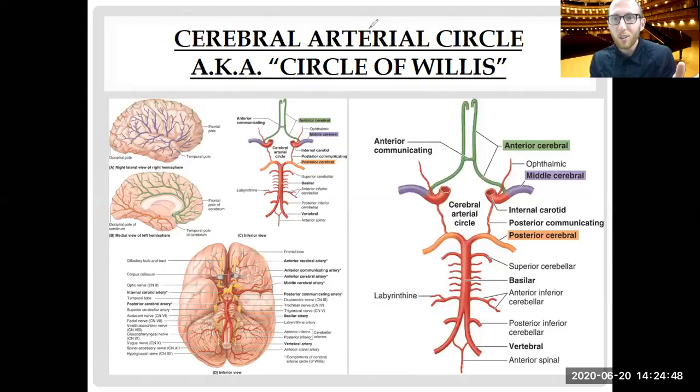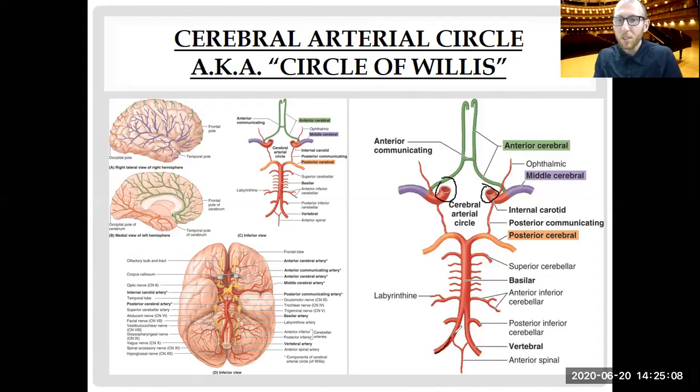And here's the circle of Willis without the brain on the right, and as you can see here, we've got the structures that I just mentioned. First off, the internal carotids have been cut. Essentially, this is where they've been cut at the base of the brain.